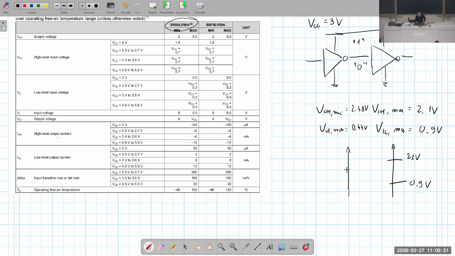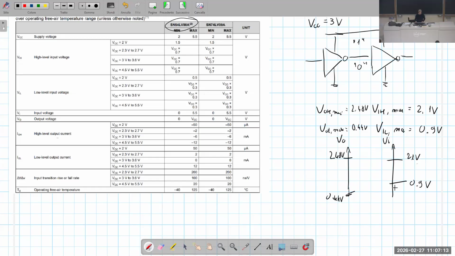So this is VI and this is VO: 2.48 volt and 0.44 volt. Okay? Is it possible for these two gates to exchange information in a successful way? Yes, because VOH minimum is larger than VIH minimum, and VOL maximum is below VIL maximum.